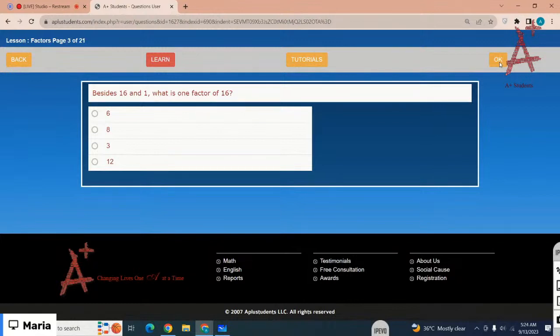Besides 16 and 1, which is one factor of 16? Eight is a factor of 16, because 8 times 2 is 16. Only 8 is a factor of 16.